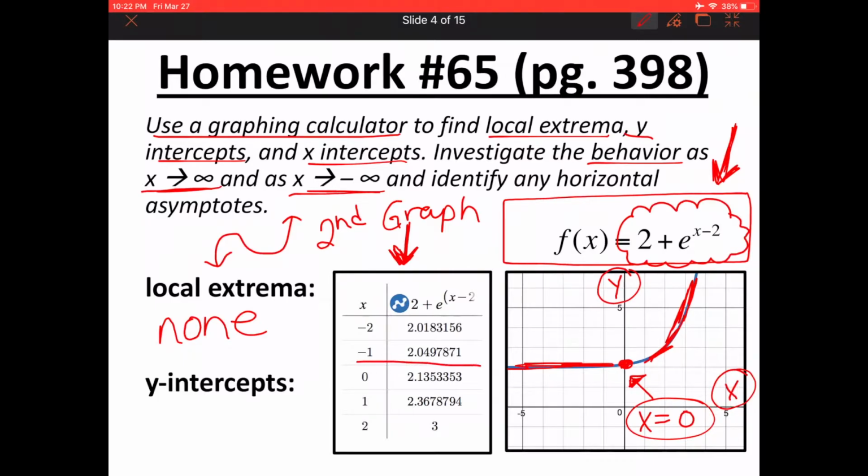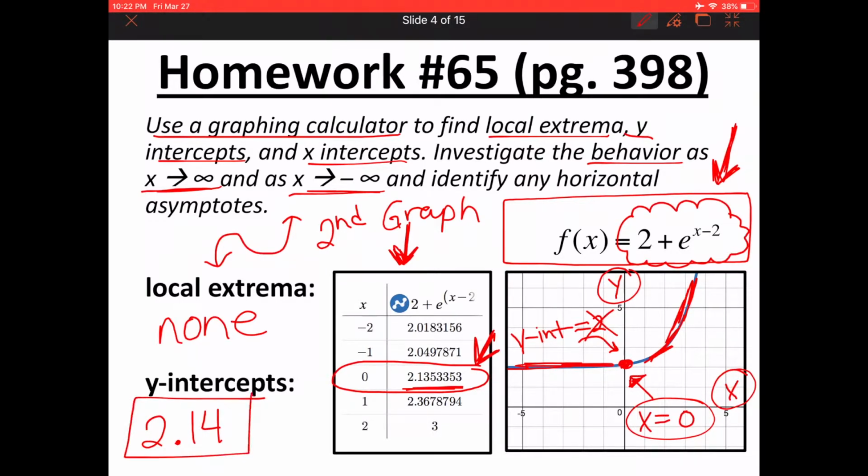So here, where x equals 0, my y-intercept is actually a decimal. If we had just looked at the graph, we might have thought the y-intercept was 2. But notice, looking at the table, we see specifically that it is not 2. My y-intercept is actually 2.14. I'm going to round to the nearest hundredth.